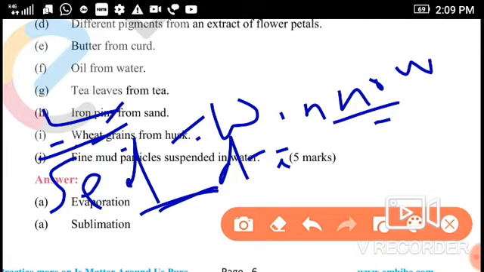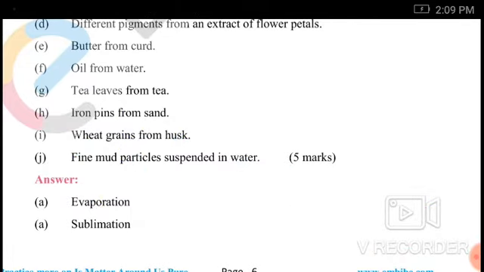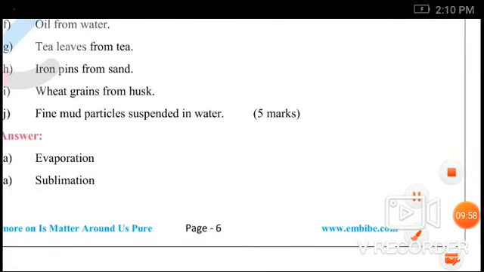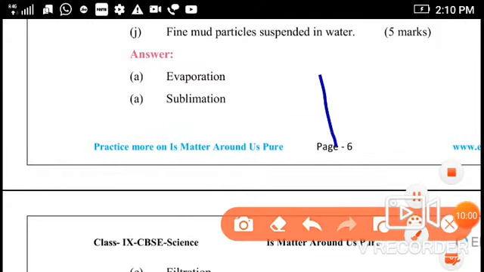This is called sedimentation, and after the heavier particles settle down, we pour the water into another vessel, and this is called decantation. So by using sedimentation and decantation we can separate fine mud particles suspended in water.